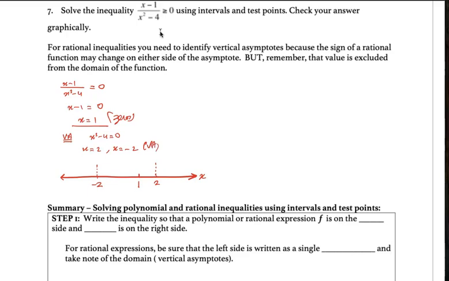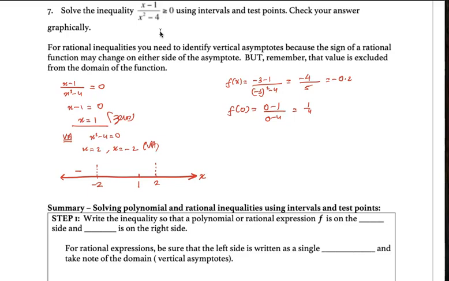You take -3: f(-3) = (-3 - 1)/((-3)² - 4) = -4/5, that's -0.8, so negative. Then take a value between -2 and 2, like 0: (0 - 1)/(0 - 4) = 1/4, positive.